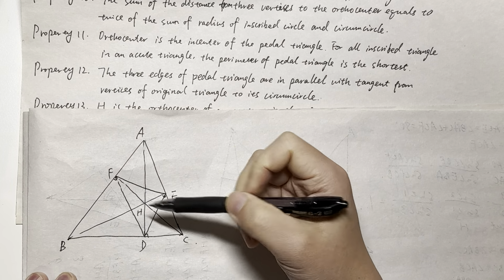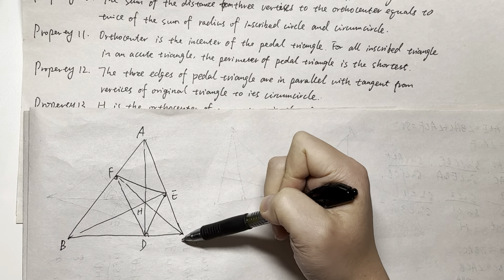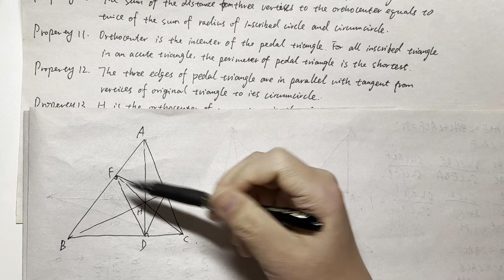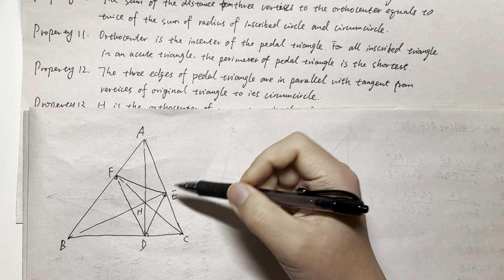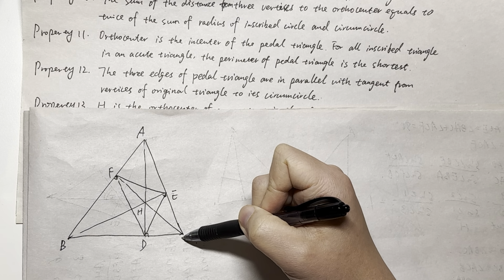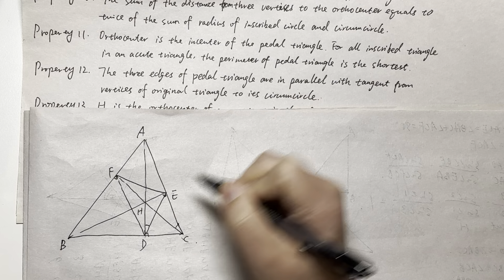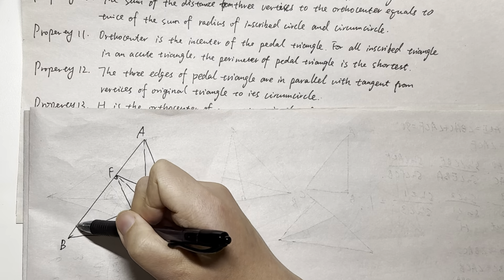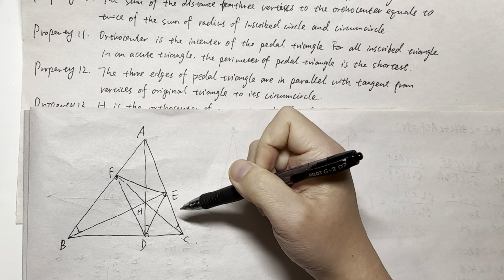So we already know that CF is perpendicular to AB, AD is perpendicular to BC, and BE is perpendicular to AC, right? So we know that this is 90 degrees, this is 90 degrees, this is 90 degrees. That is saying EHDC are cyclic. So this angle equals this angle, right? And this one also equals this one, right? We already proved these properties before, so we just use them here.